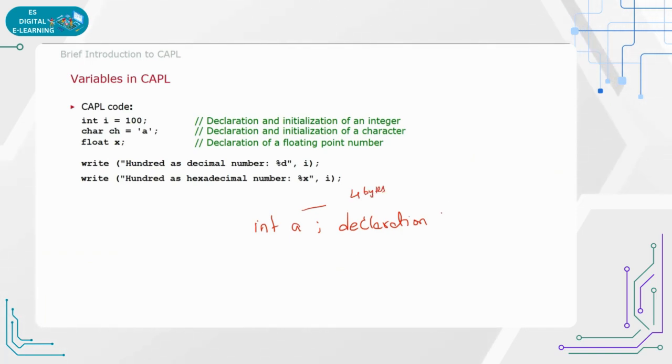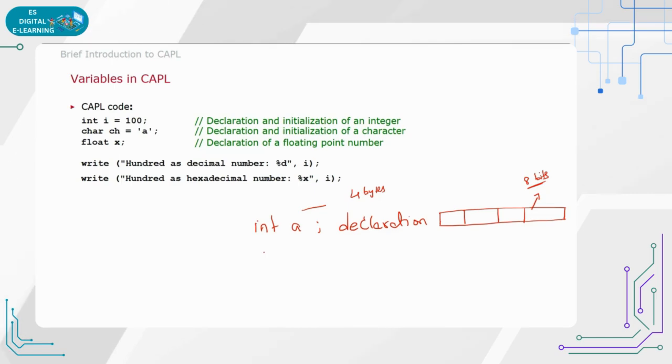So these 4 bytes of fields will be created, 4 bytes, sorry, not bits. Each byte has 8 bits, right? Is it clear or not? So I have 4 boxes now.